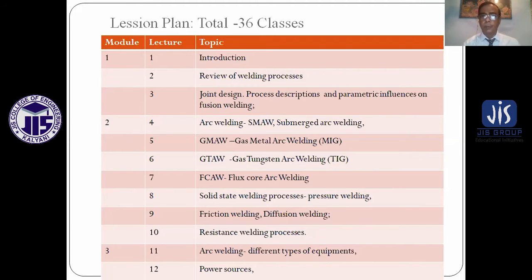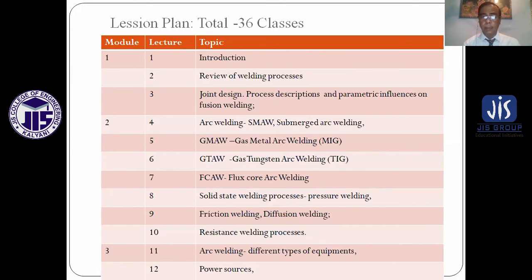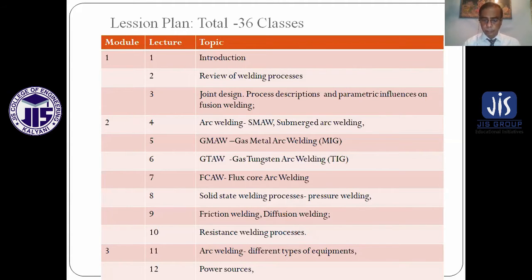Number four, arc welding, that is shielded metal arc welding, submerged arc welding. Number five, gas metal arc welding, that is MIG welding. Number six, gas tungsten arc welding, that is TIG. We will cover the syllabus within these 36 classes.